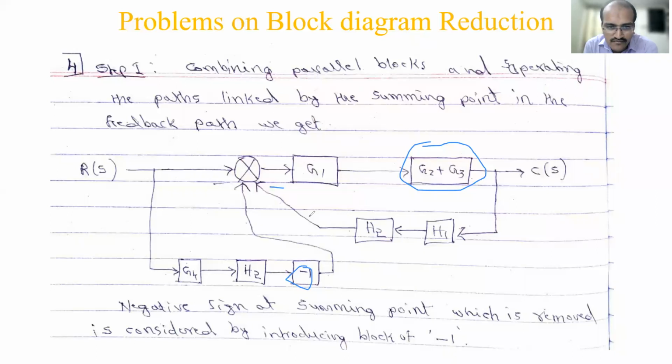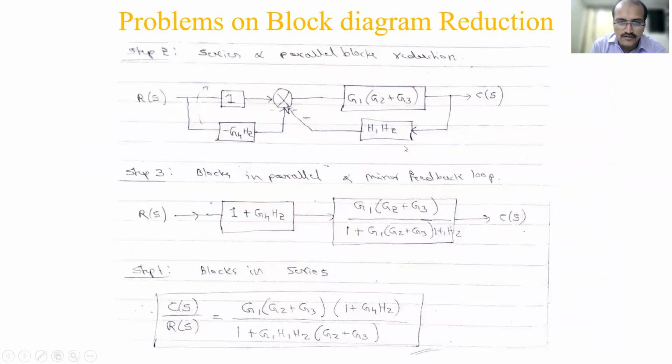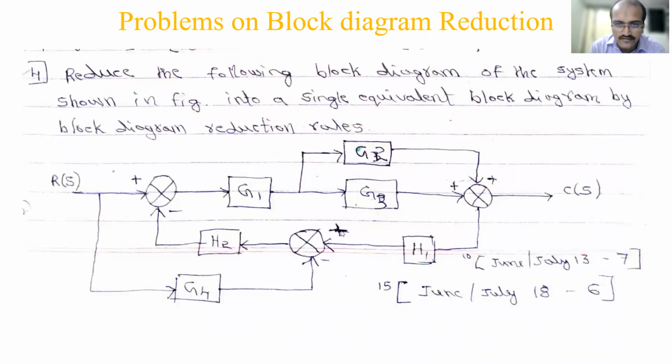So in the next step, the comment mentioned here is that the negative sign at the summing point which is removed is considered by introducing a block of -1. Okay, so in the diagram you had the plus, that's why H1 and H2 are in series, and this is minus, and to include this minus sign we have put a -1 block.